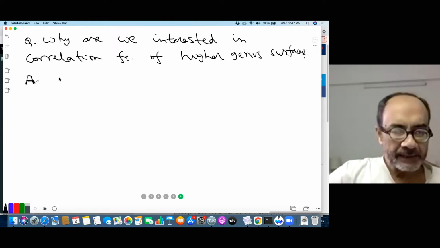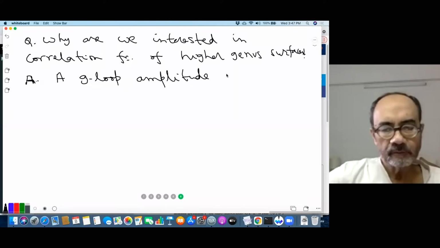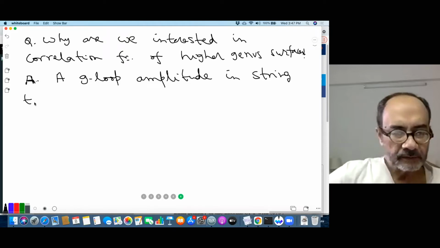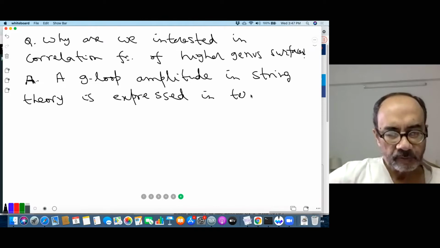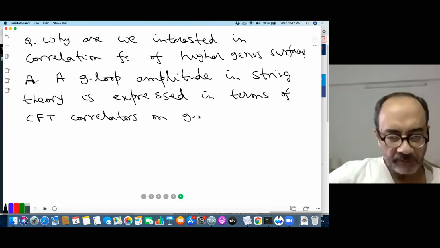So the answer is that a G loop amplitude in string theory is expressed in terms of CFT correlators on genus G surface.